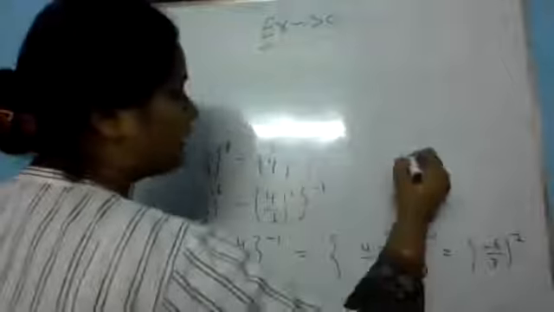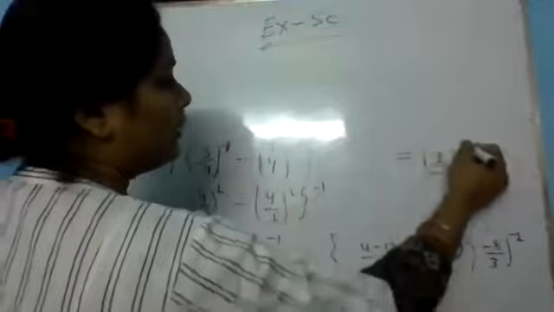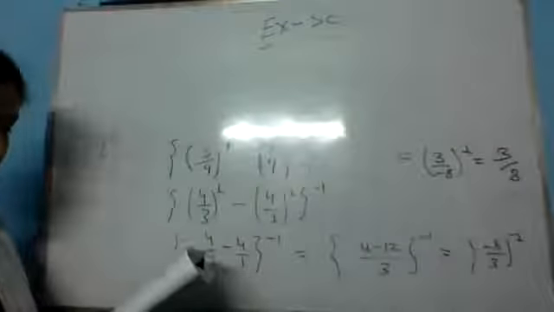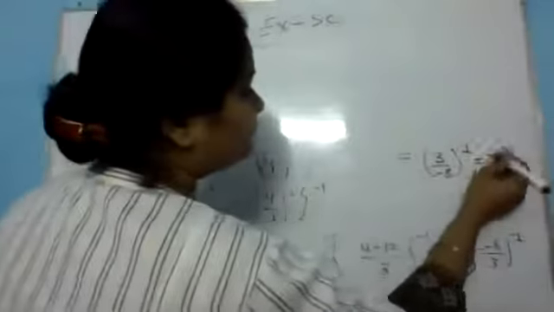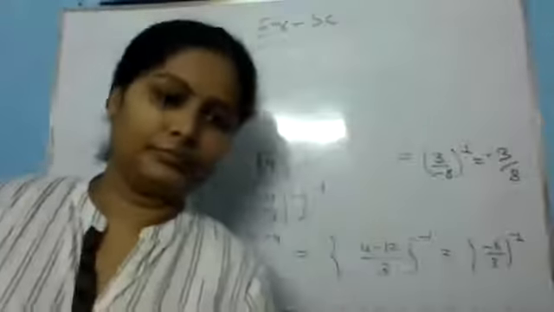I can write the reciprocal of the fraction, that will be 3 upon minus 8. So the power will be 1. Then your answer is minus 3 upon 8. The second option, right? Is this question clear?